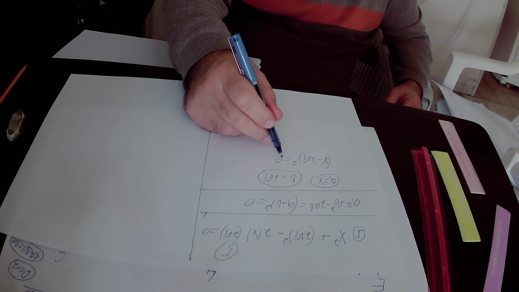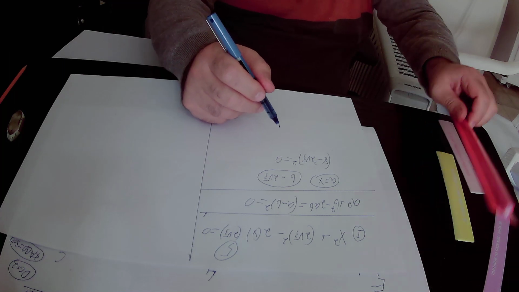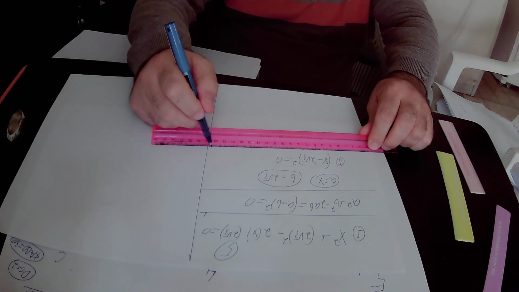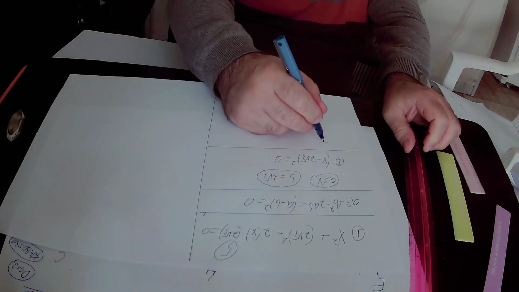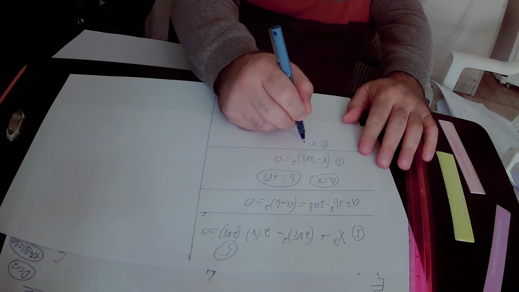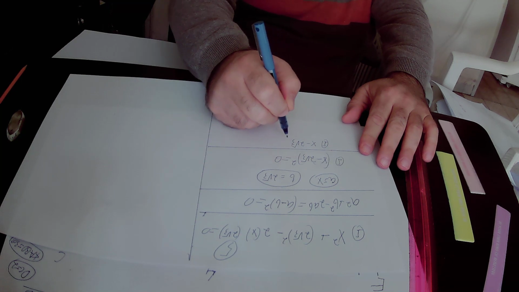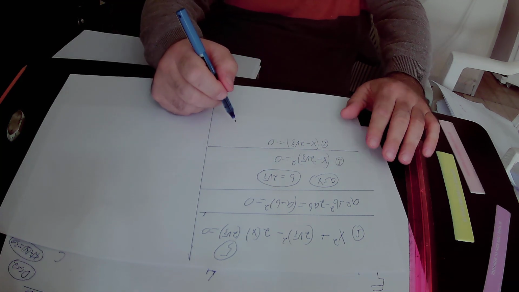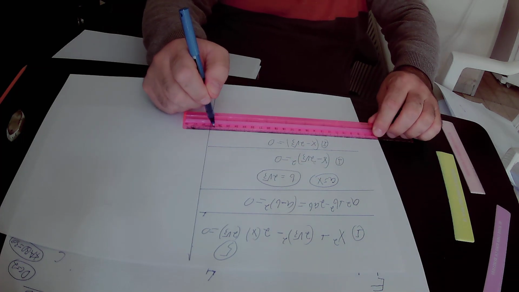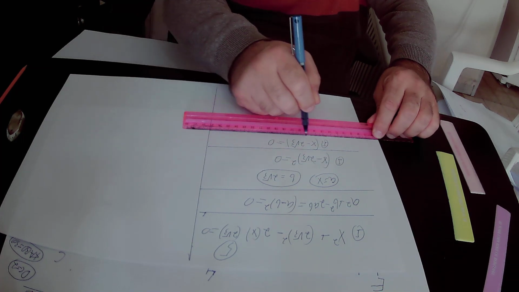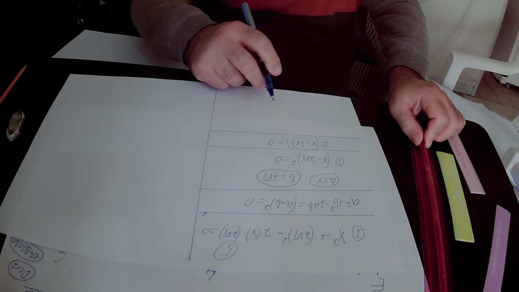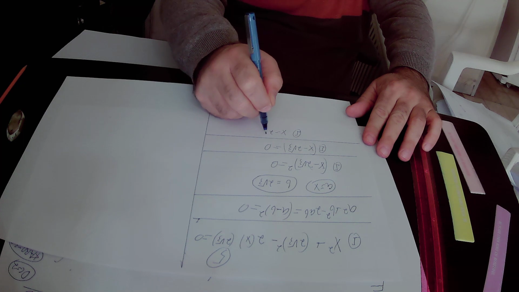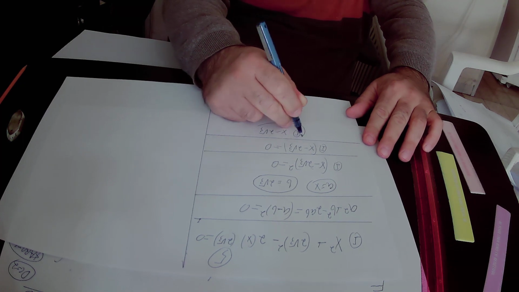Here we will take a root of this equation number 1, and we get x minus 2 times square root of 3 equals 0, because the square root of 0 is 0. We add 2 times square root of 3 to this equation, and we get that x equals 2 times square root of 3 units.